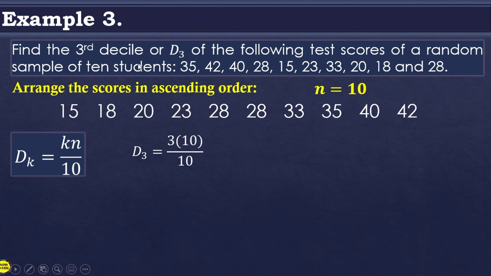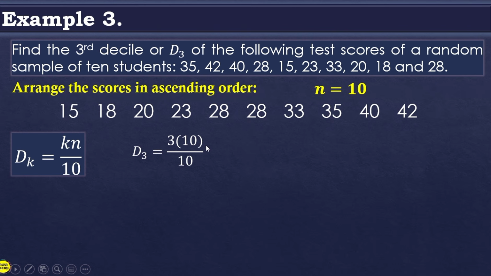Kapag 6th decile, yung k ninyo ay 6. Sinubstitute natin yung 3 sa k natin, at yung n natin, 10 over 10. Constant yung 10 dito sa baba sa formula ng decile.